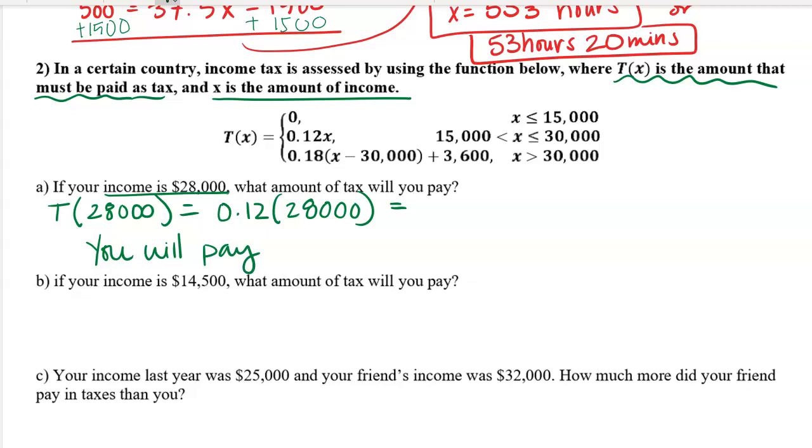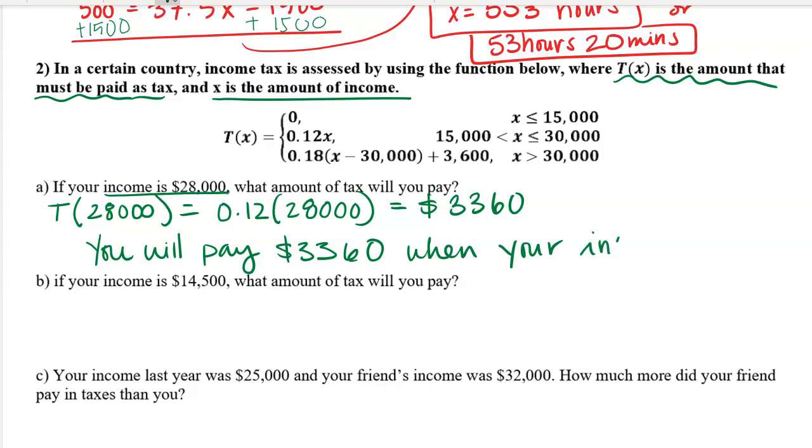Holden, what's your number when you punch it in? 3,360. No pennies or anything? No. Okay, so you will pay $3,360 when your income is 28K. Are you guys okay if I write 28K?